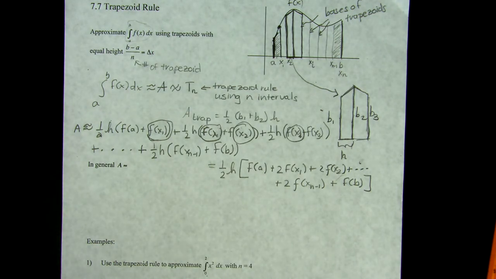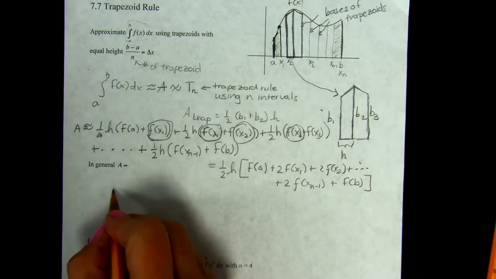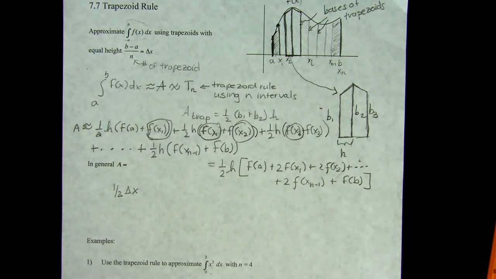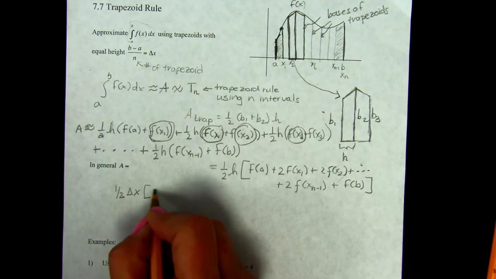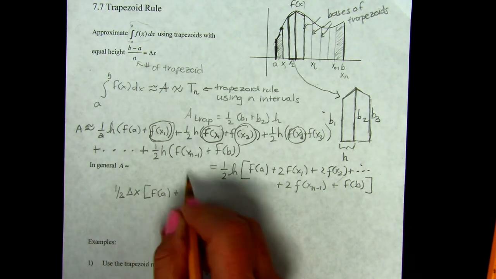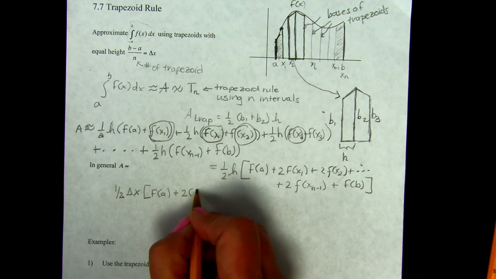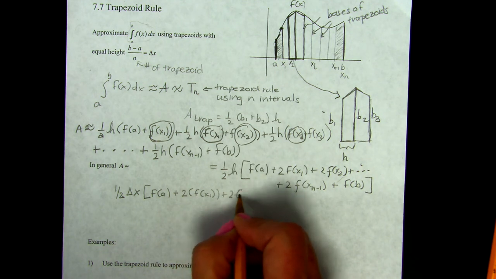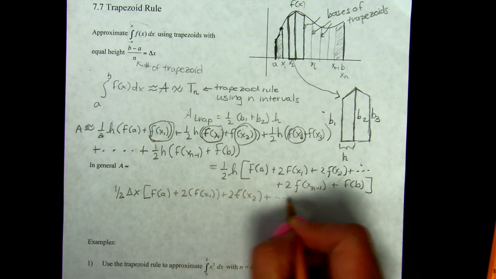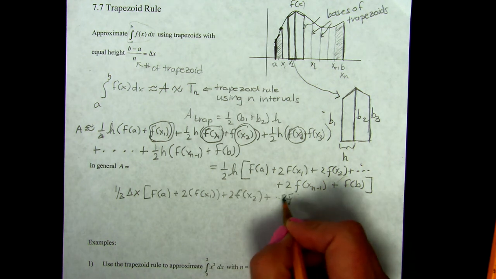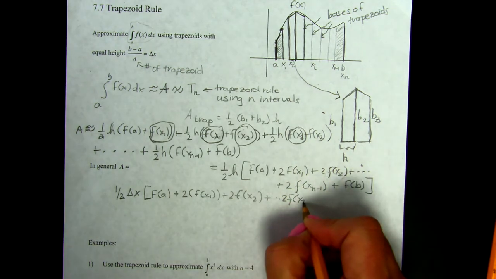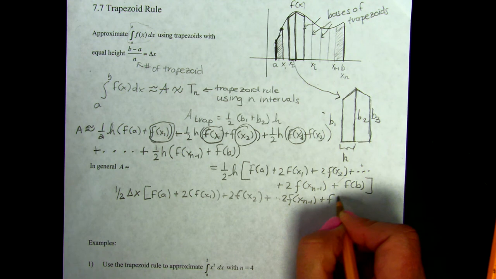And if I were to simplify that a little bit further, we get 1/2 delta x of f of a plus 2 f of x sub 1 plus 2 f of x sub 2 all the way down to 2 f of x sub n minus 1 plus f of b.